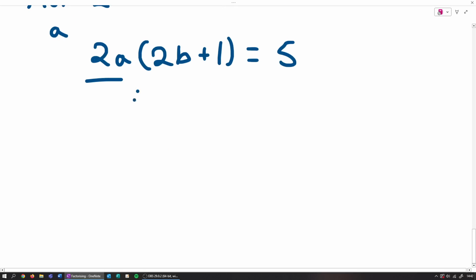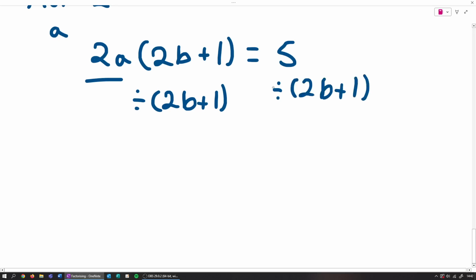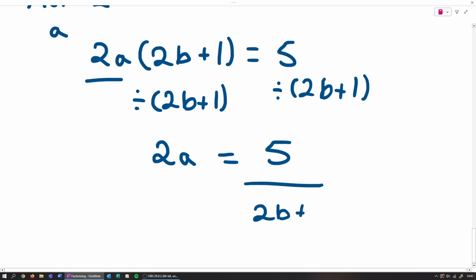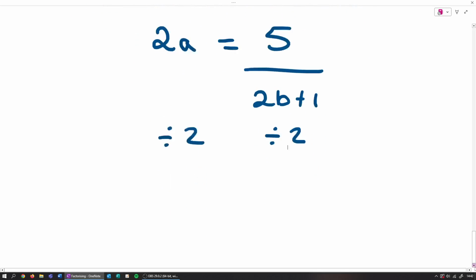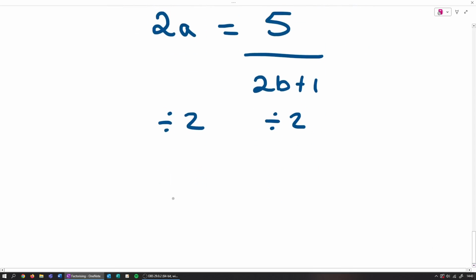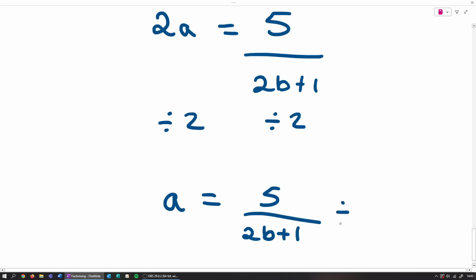So I can divide both sides by 2B plus 1, and I get 5 over 2B plus 1. And now I can divide both sides by 2 to get a single A. And we get A is equal to 5 over 2B plus 1, divided by 2.